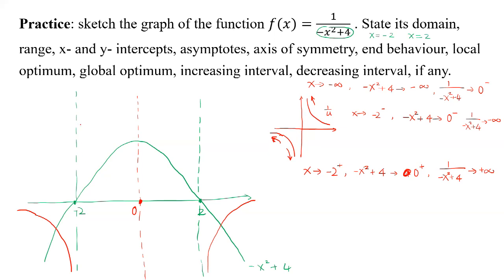So when x approaches -2 from the positive side, f(x) approaches positive infinity. It will have a pattern like this.